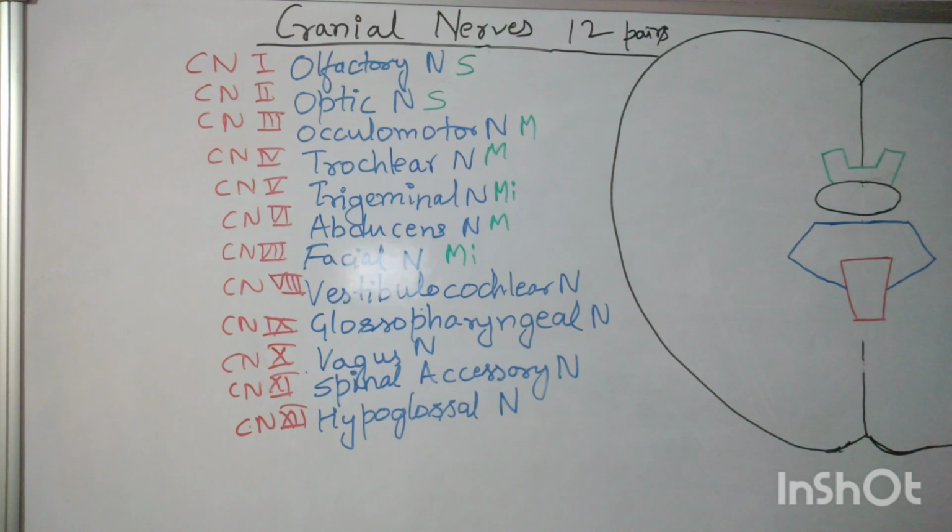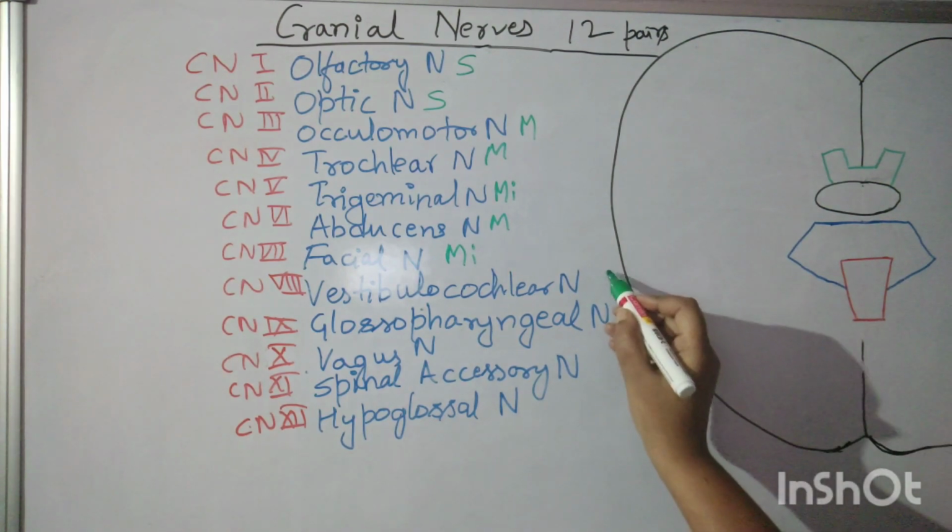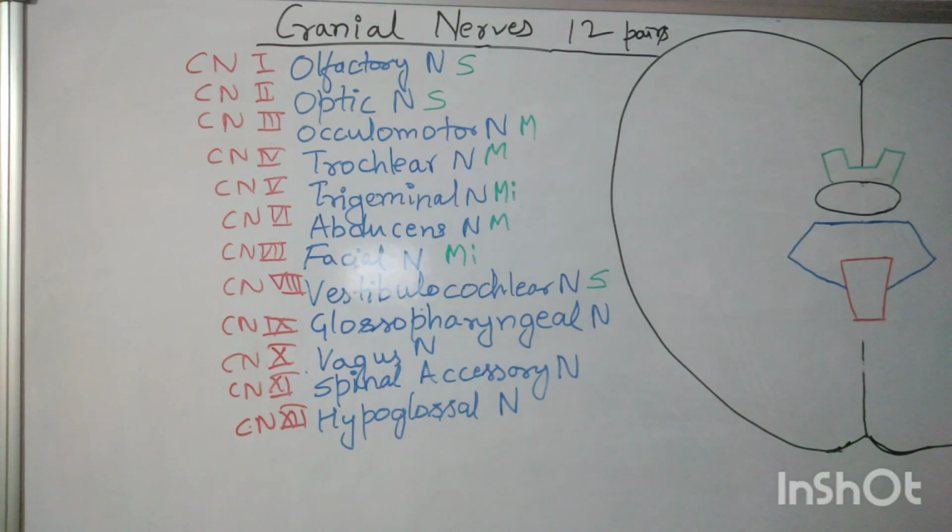Vestibulocochlear is the auditory nerve, so it is sensory, for hearing. The facial nerve is mixed type, and also the anterior 2/3 of the tongue carries taste to the brain. So it is sensory, and it is also for facial expression. So both sensory and motor, that's why the facial nerve is mixed.